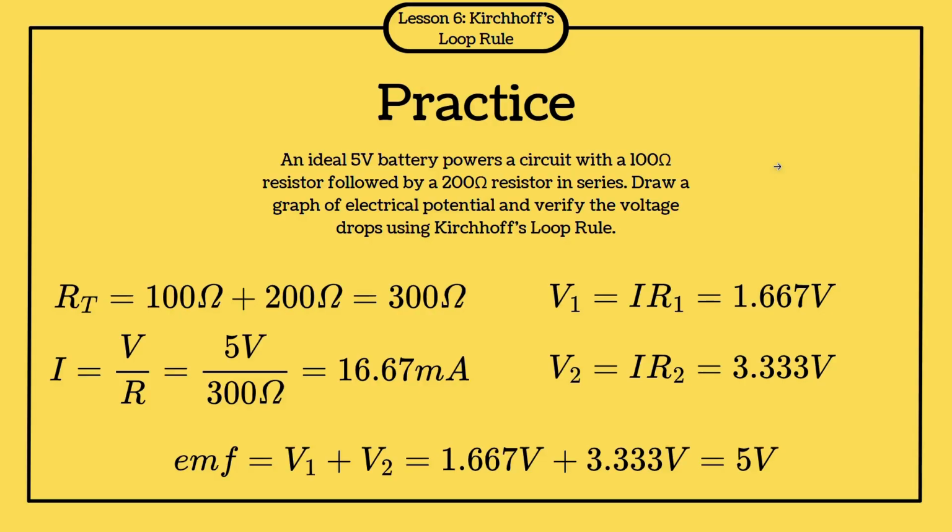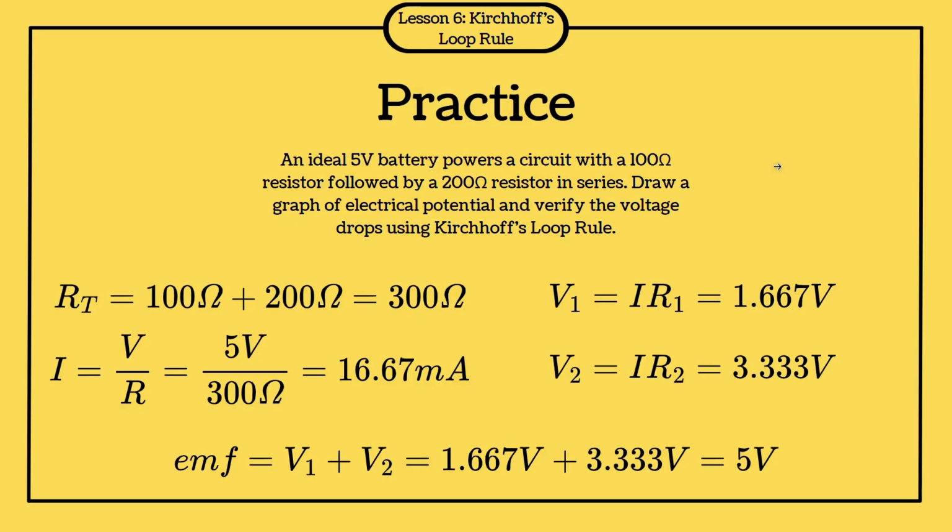And using Kirchhoff's loop rule, we just verified that our calculations are correct. So one final way that you can use the loop rule is to just double check your work. It's pretty handy that way. Of course, we can also use the loop rule the other way: the EMF, which is 5 volts, minus each voltage drop gives us a total final voltage of 0 volts, which is exactly what happens. So we verified this circuit.